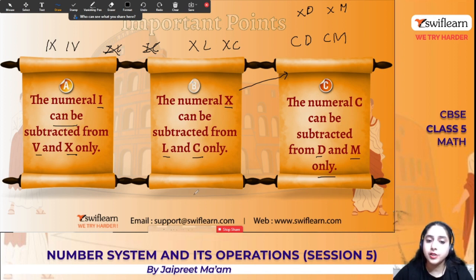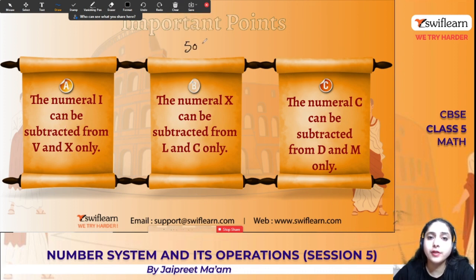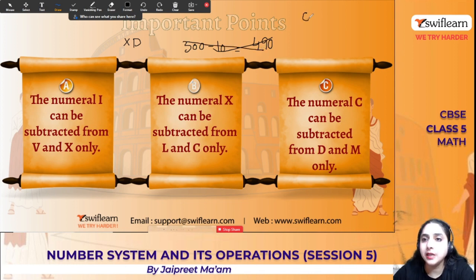For example, D's value is 500, right? And we can't write XD, because X means 10, so 500 minus 10 is 490. But that's wrong. We can't write like this. We write like this: CD. That means 500 minus 100, that is 400.